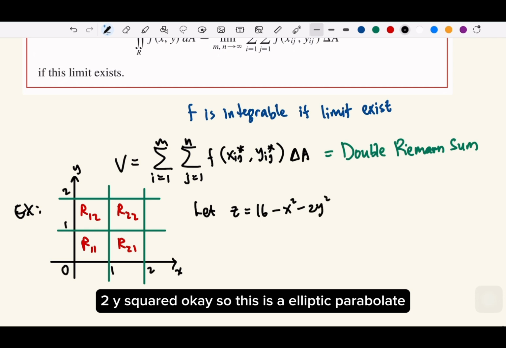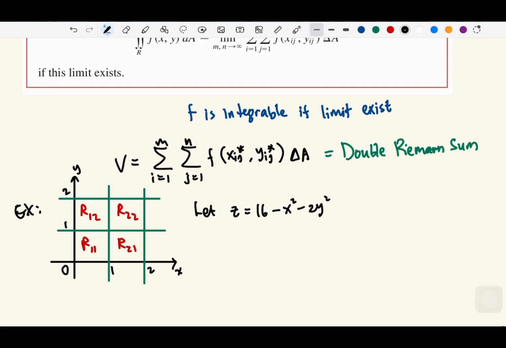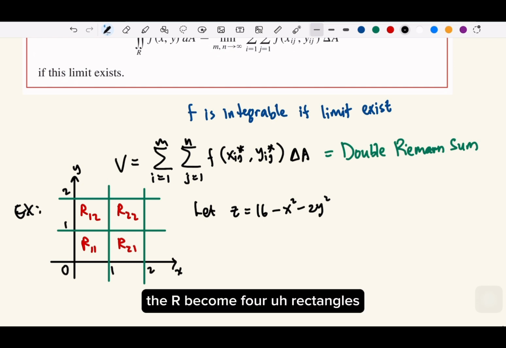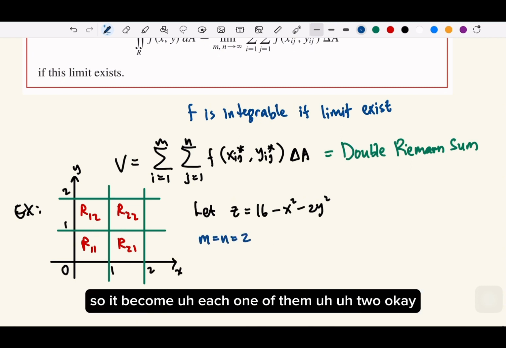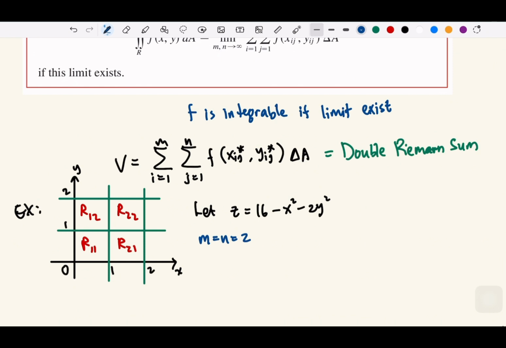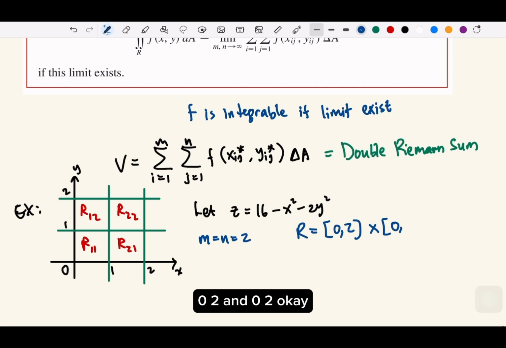This is an elliptic paraboloid, and we divide the R into 4 rectangles. So m equals n equals 2, and each one of them is 2. So R here is 0 to 2 and 0 to 2.